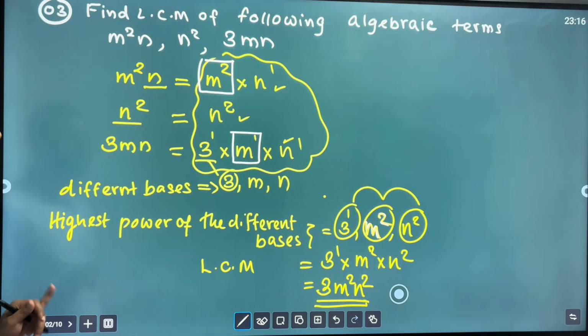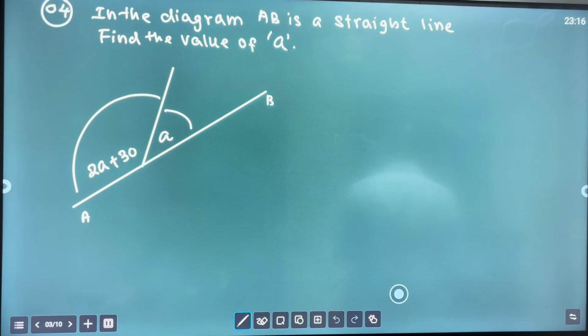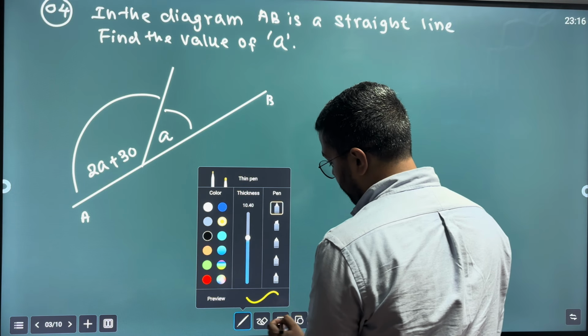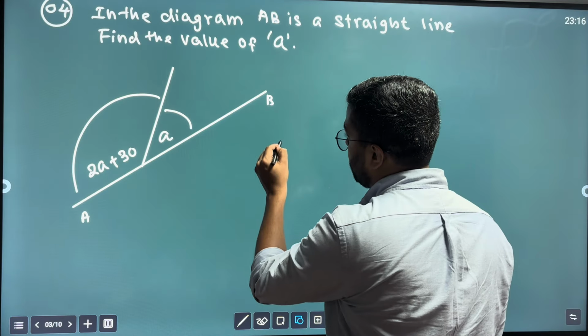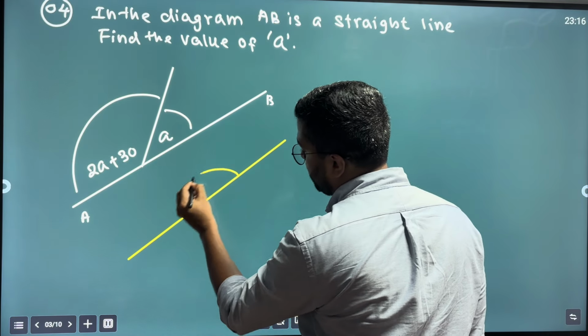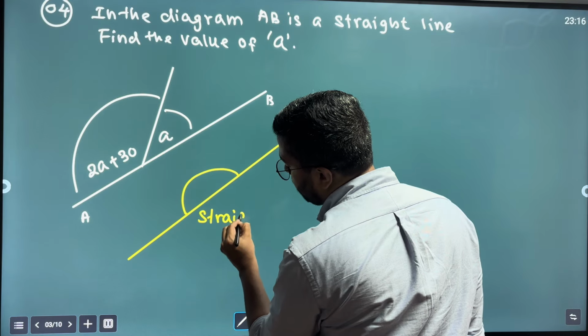Question number 4. In the diagram, AB is a straight line. Find the value of A. Since AB is a straight line, can you all remember when we were in the previous grades, in grade 6 and 7, we learned about a straight angle?